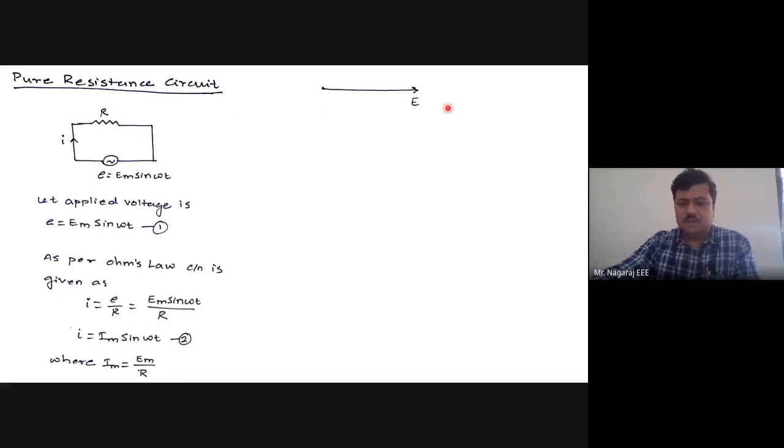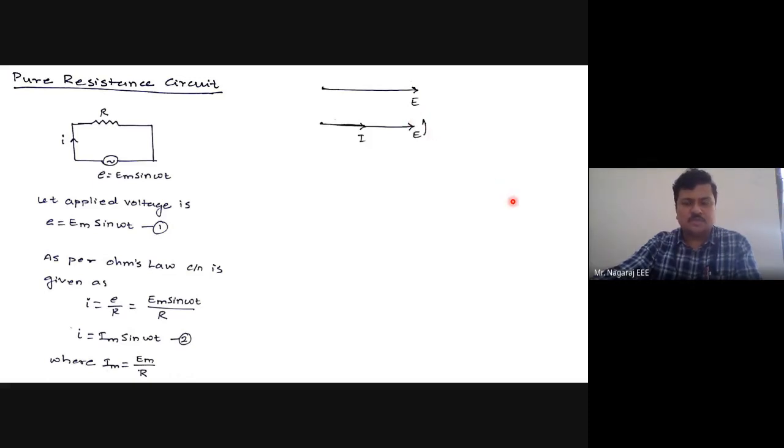Okay. Now, if I have to draw the current vector with respect to voltage, from equations 1 and 2 I know that current is in phase with voltage. So it means that the vector of current will lie on the vector of voltage. Now the assumed positive direction of a vector is anticlockwise.